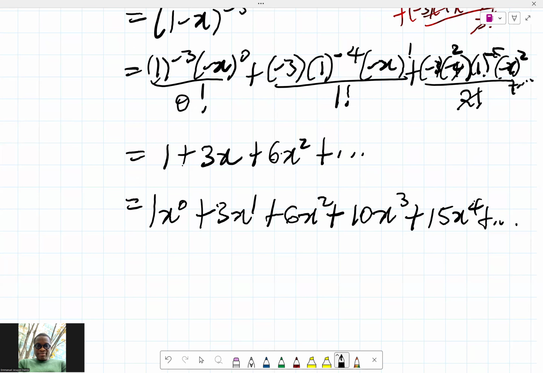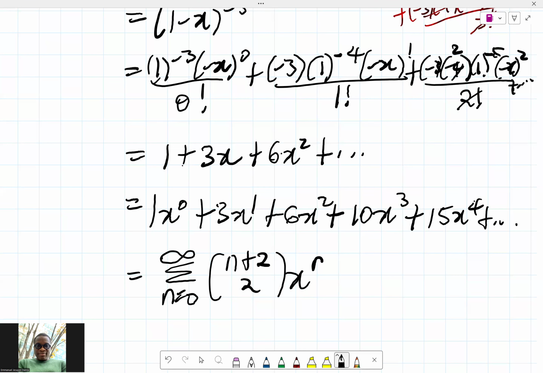So if you look at this as a whole, this is actually the summation from n equals 0 to infinity, where the coefficient is basically n plus 2 combination 2, then x raised to power n. When n is equal to 0, you have 2 combination 2, which is simply 1, and then x raised to power 0. When n is 1, you have 3 combination 2, which is 3, and x raised to power 1.